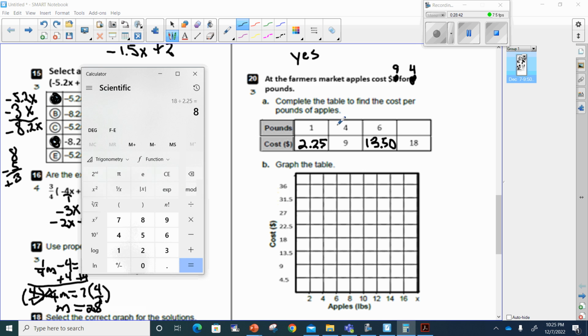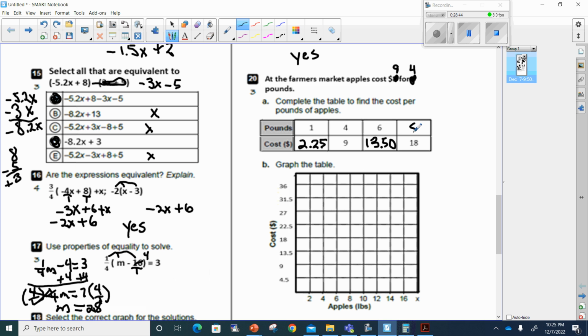That's going to give me 8. So $18 will give me 8 pounds. All right, I'm going to fix that 8 so it's a little bit more like an 8. Sorry about that.